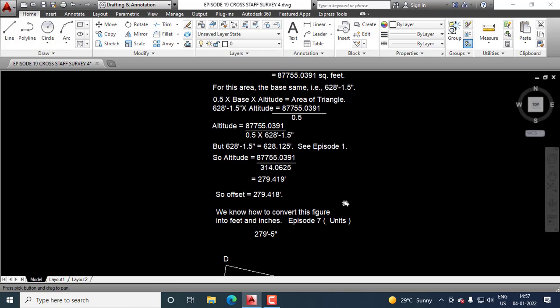So the second offset we must measure is 279.418 feet. We know how to convert this figure into feet and inches. See episode 7, units. This figure will be 279 feet 5 inches.